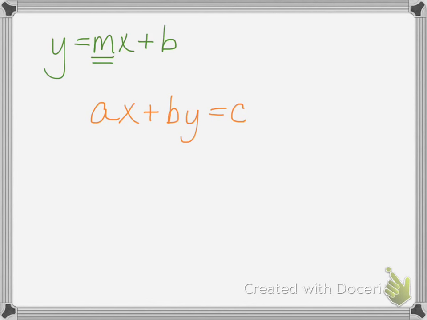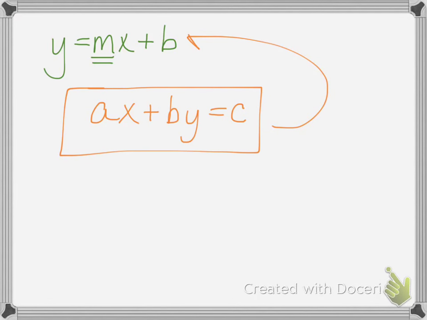But what we're going to look at now is that we can take an equation in this form and transform it with properties of equality into that form. So let's do an example now with a particular equation. The equation I'm going to work with here is 8x plus 2y is equal to 6.